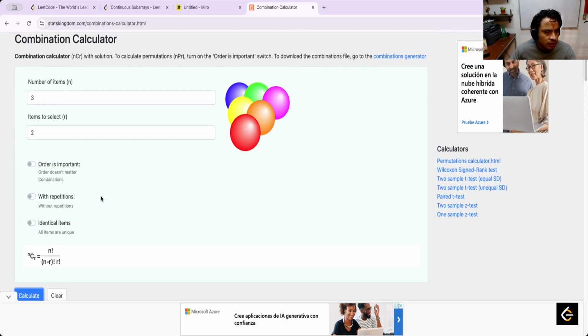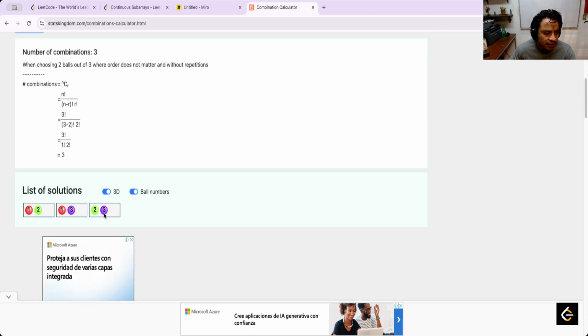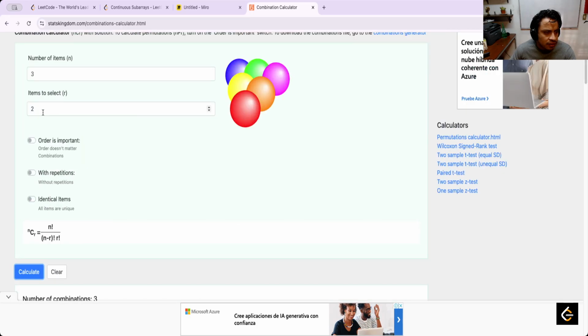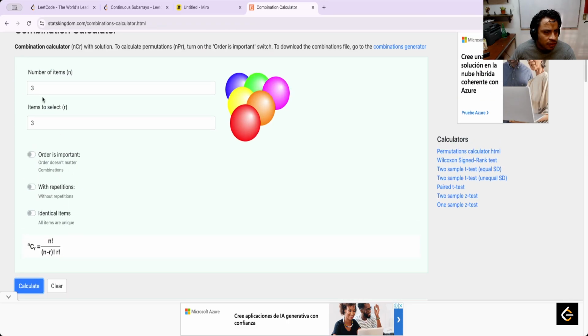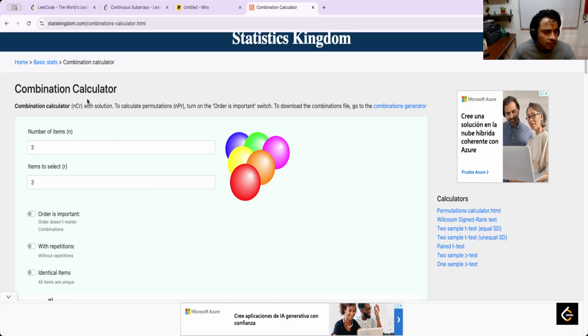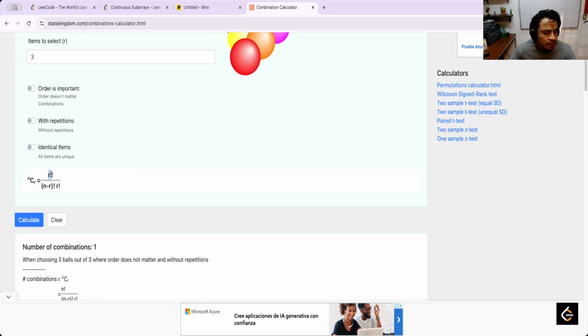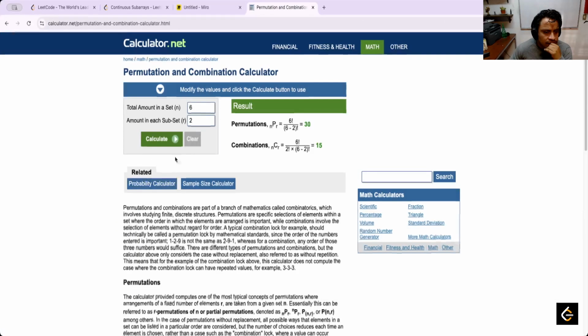It's 3. I think that maybe I need to calculate this. 3 of 3, it's only 1. N factorial less n. Maybe it's this.